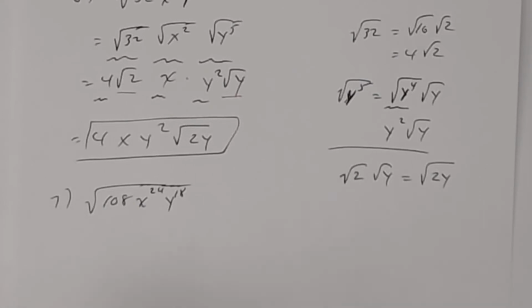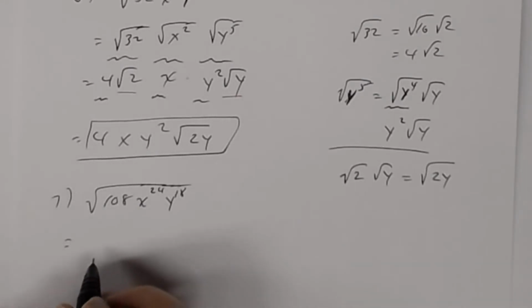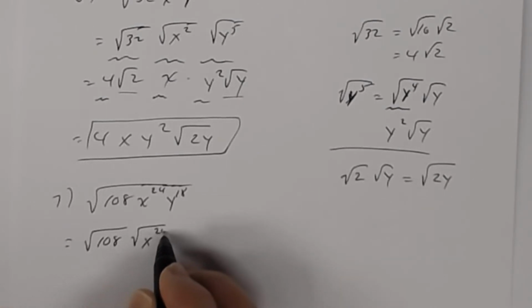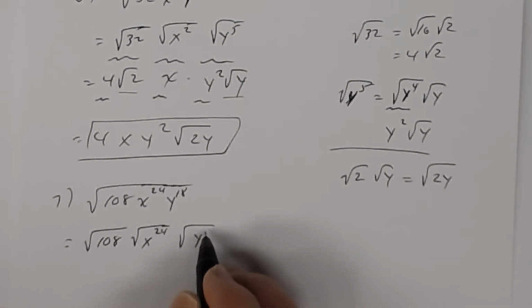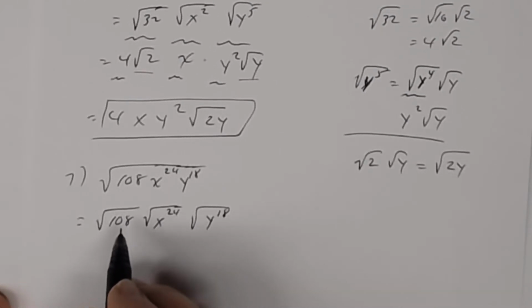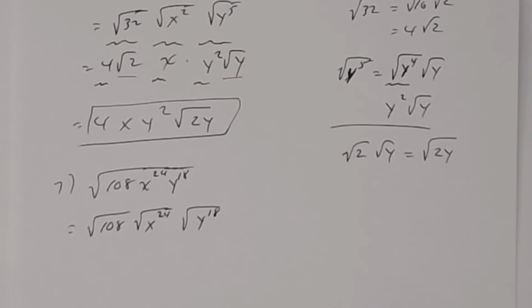Okay? By the product property, it helps if you rewrite this. I can write this as square root of 108 times the square root of x to the 24th times the square root of y to the 18th. All right, 108 is not a perfect square. And you may need your calculator for this, so use your calculator if you have to.